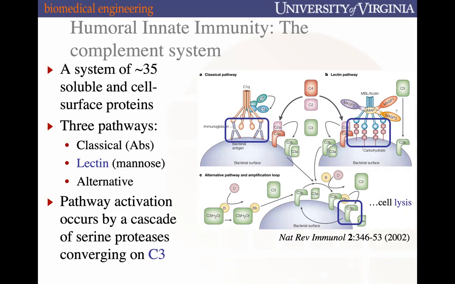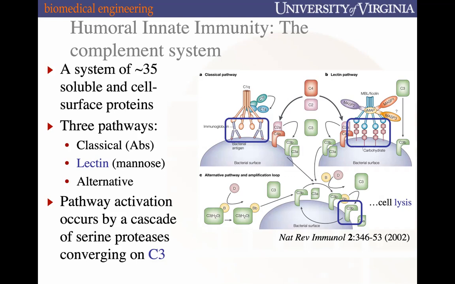Yeah, I was trying to figure out a way to include it here. The formation of C3b will lead to C3 plus C5. So you have the C3 convertase up here, C4, C4b.